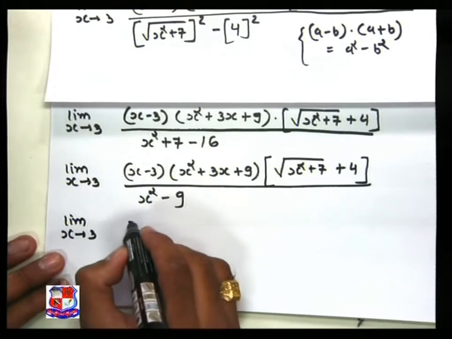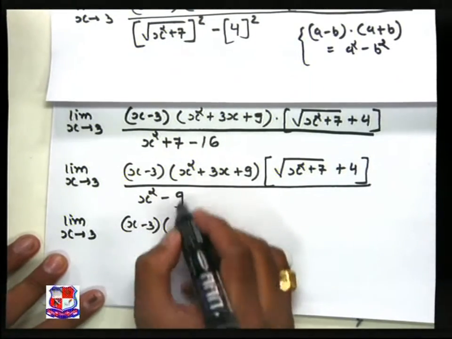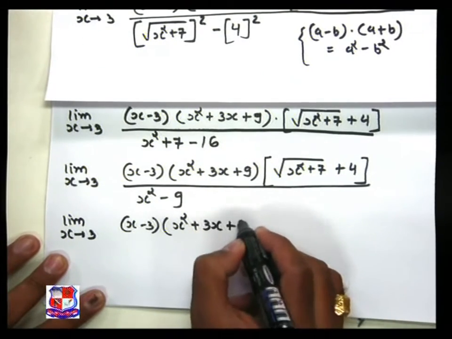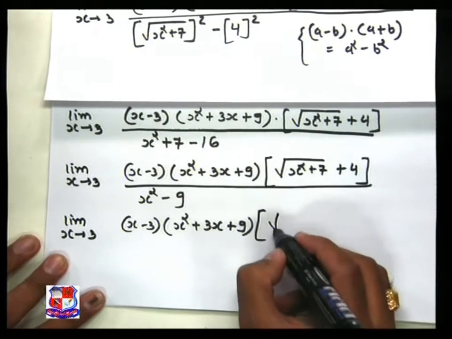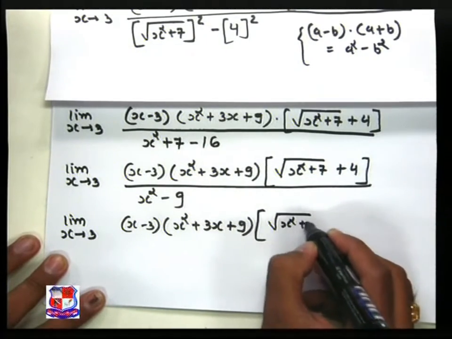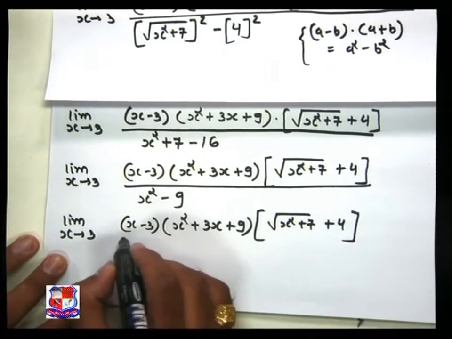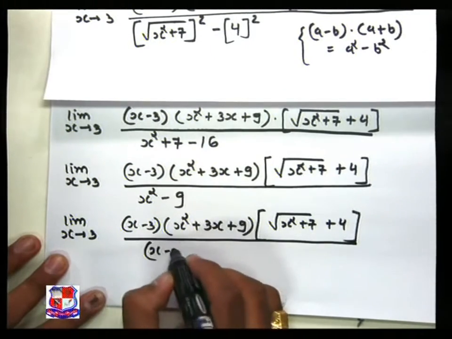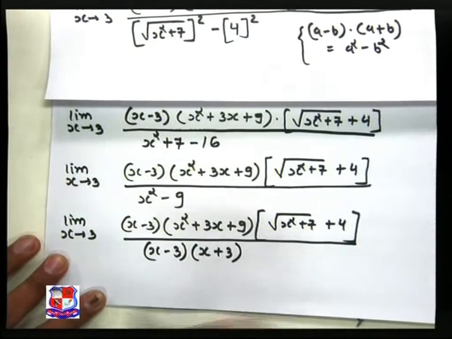So if we take apart, then the result, that is limit x tends to 3, write this numerator whole as it is, x minus 3, here x square plus 3x plus 9, here under root of x square plus 7 and plus 4 as it is. Now the two parts, that is x minus 3 and x plus 3.